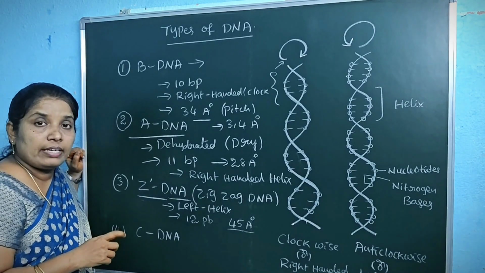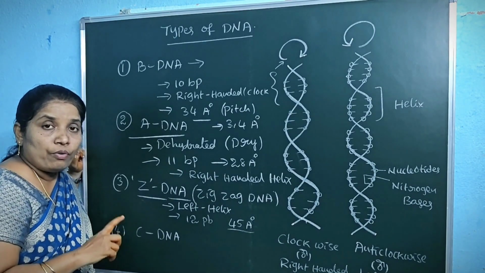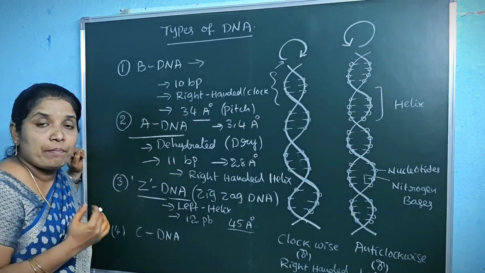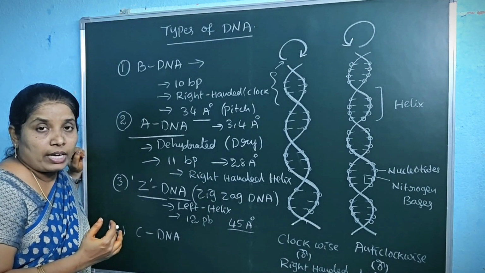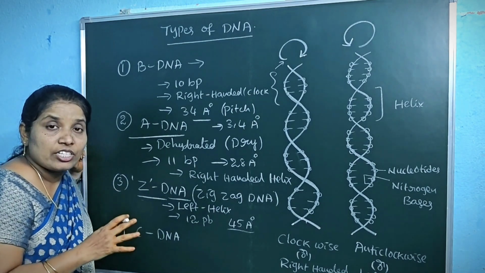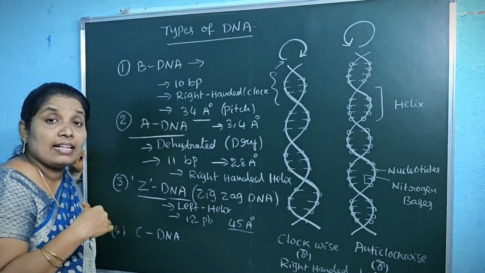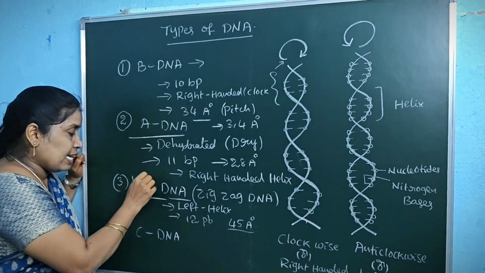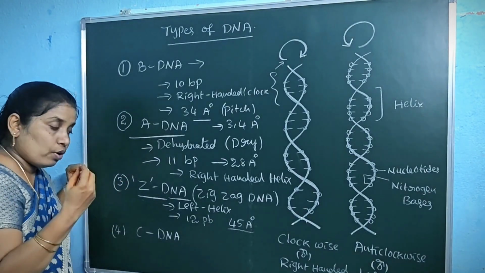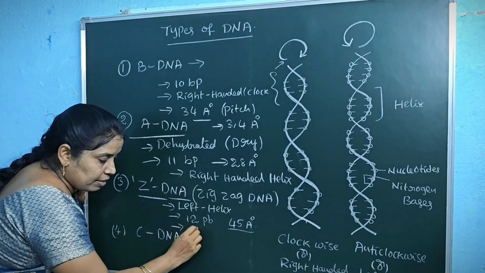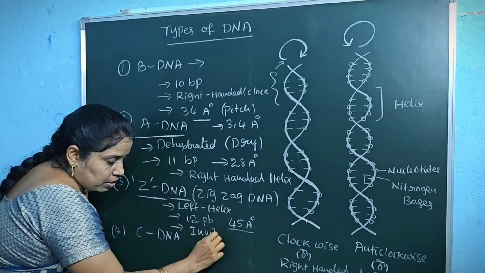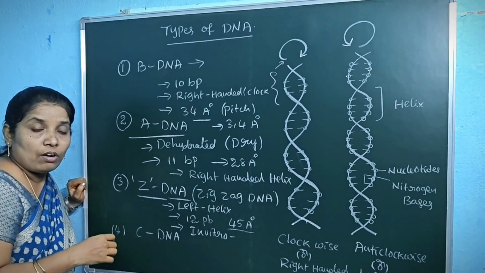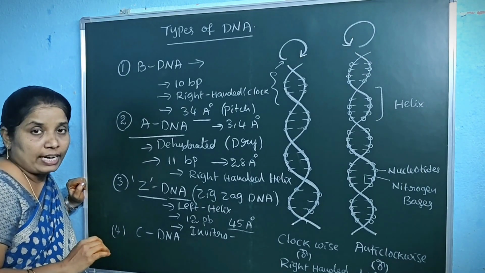It also has a single groove with a greater density of negative charges when compared to bDNA. Actually, zDNA is reported only in in vitro conditions. It was not reported in in vivo conditions.